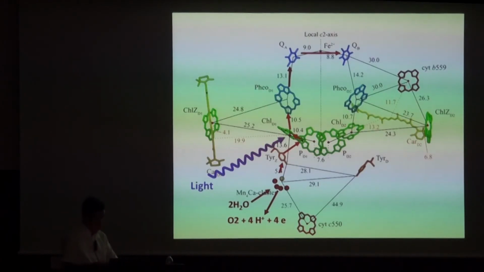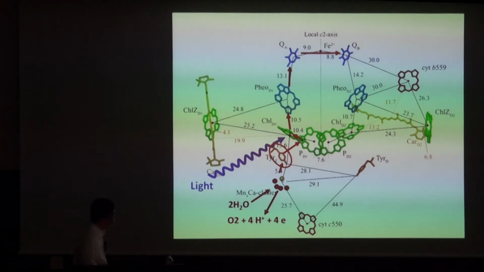Then there is another amino acid residue here. This is a tyrosine residue, as I mentioned. And this tyrosine residue functions to mediate electron transfer between the metal cluster, the manganese cluster, and the chlorophyll, which we call the reaction center chlorophyll here.